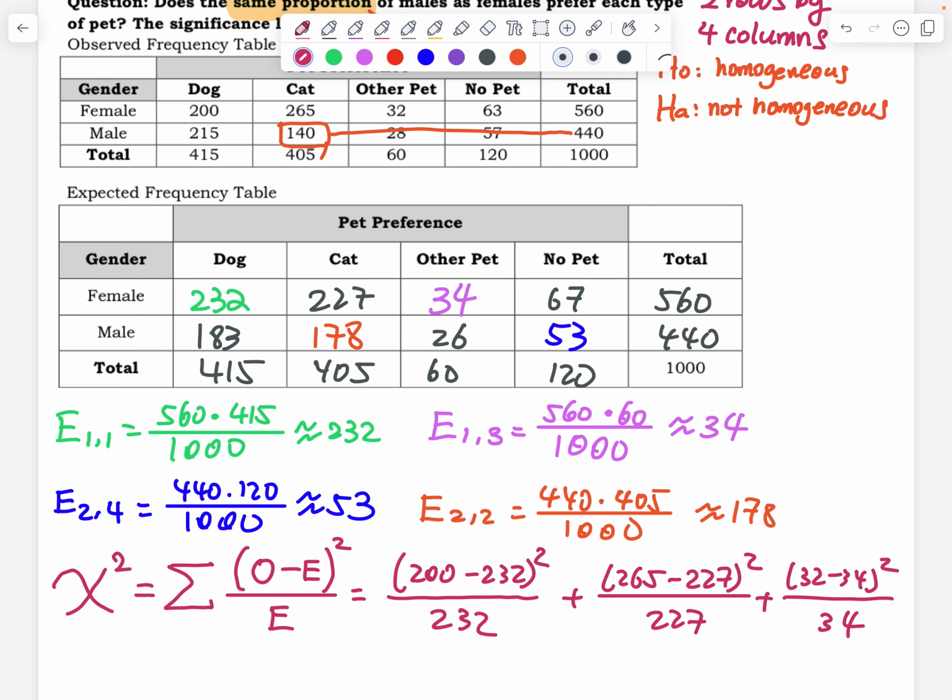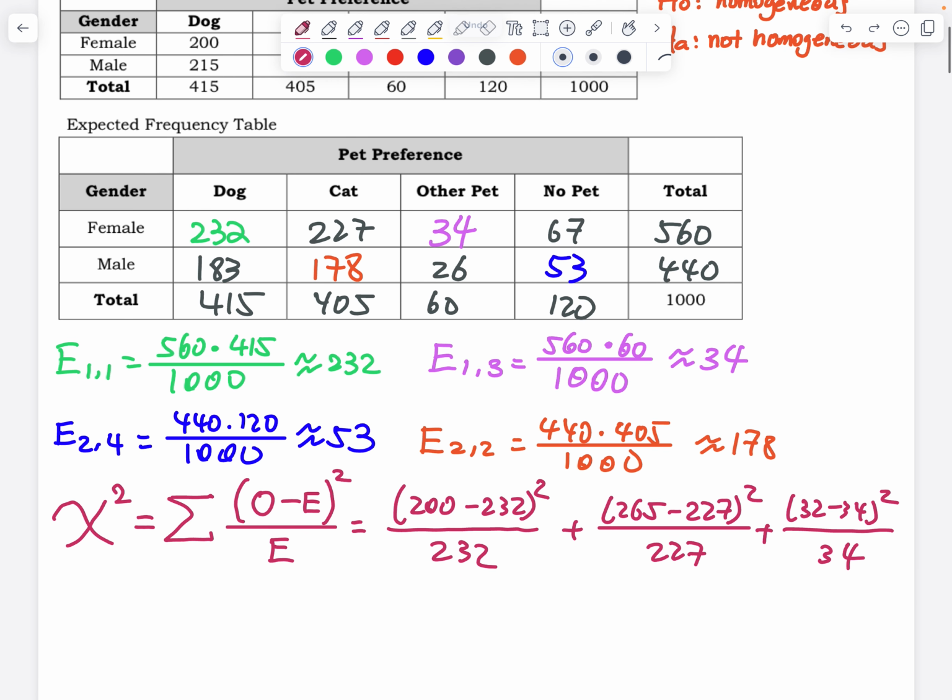And then the next one is no pet, 63 and 67. Allow me to erase this really quick. Okay, so that should make the table easier to read. 63 and 67, and then plus 63 minus 67, squared, divided by 67.